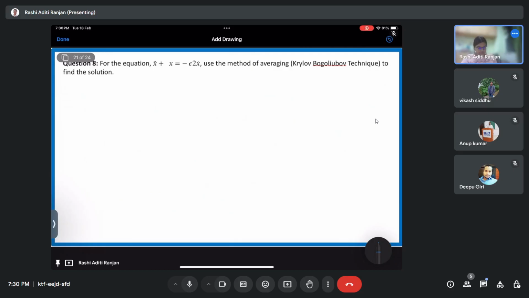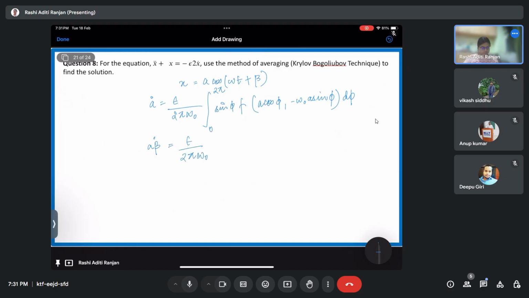We use, right, and we have A dot is equal to, right?